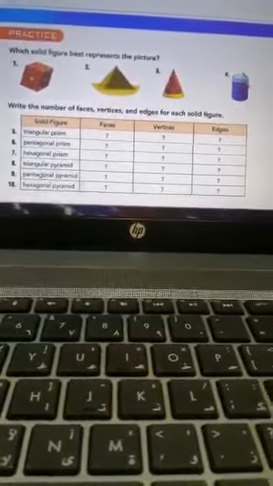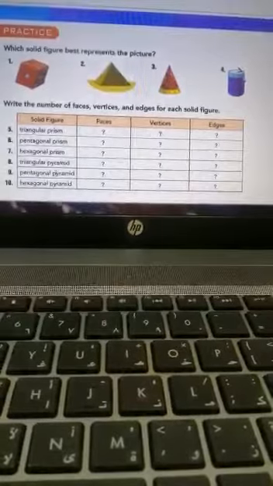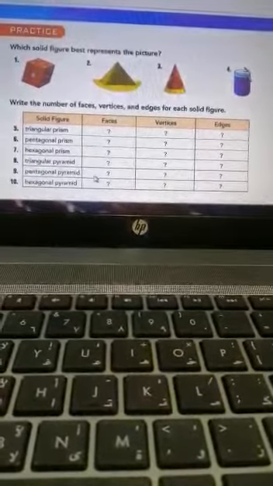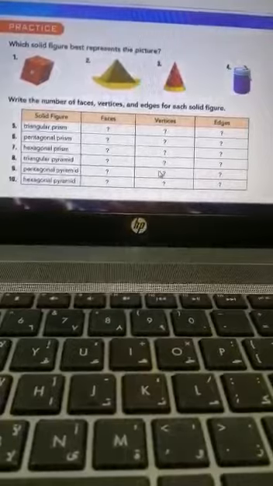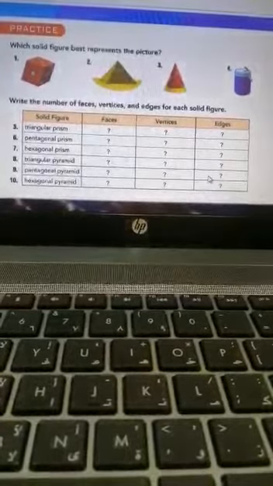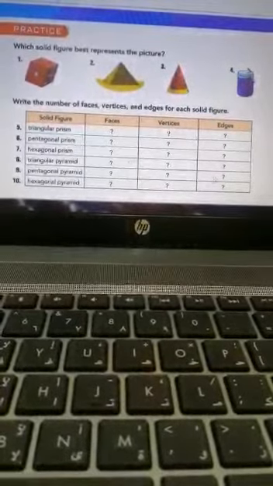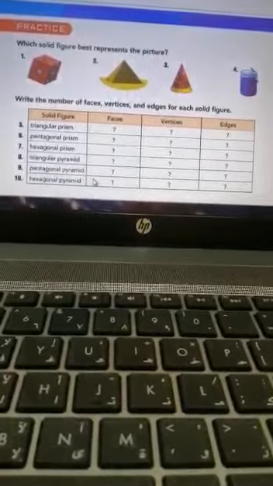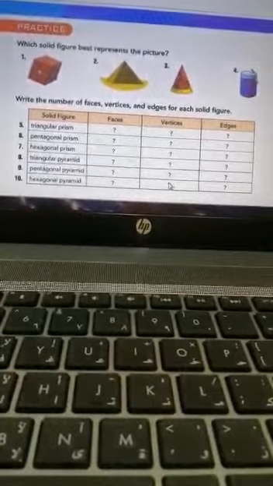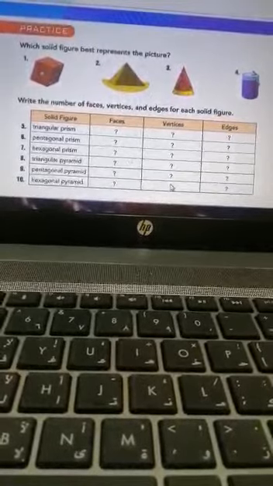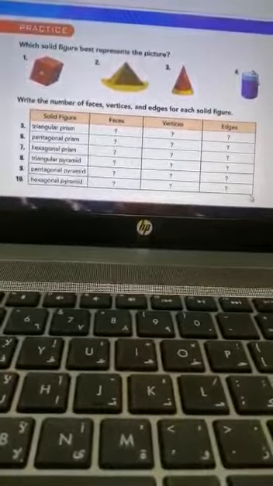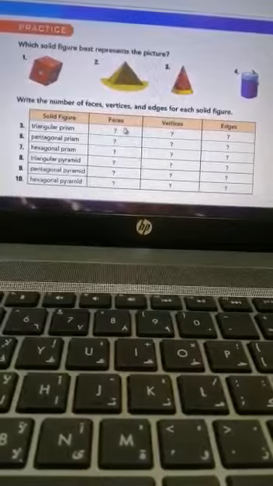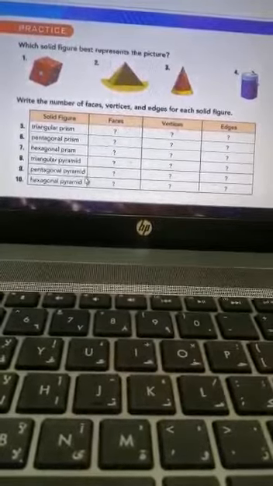Pentagonal pyramid, 5. 5 plus 1 is 6 faces, 6 vertices, and 5 times 2 is 10 edges. The hexagonal pyramid means 6. 6 plus 1 is 7 faces, 7 vertices, and 6 times 2 is 12 edges. Look guys, the number of faces and vertices in a pyramid are the same.